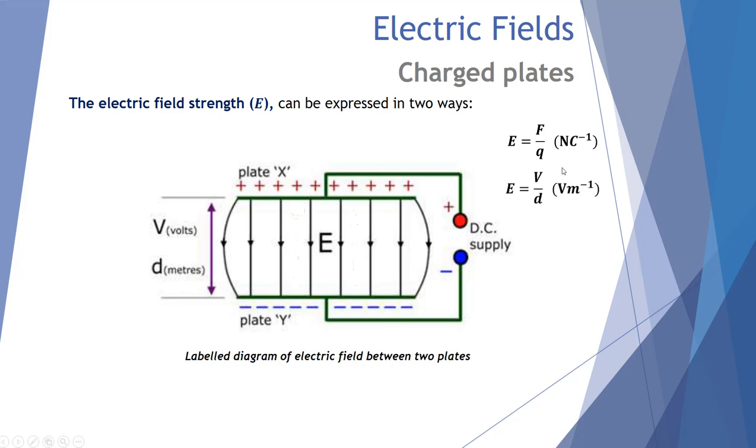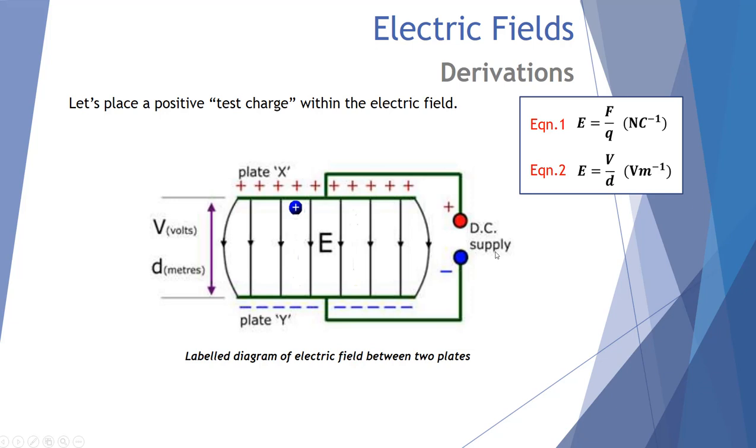The second alternative is to look at the potential difference that exists, the voltage from one plate to the other, from top to bottom, and then divide that by the distance of separation in meters. Another way to express an electric field between two plates is to describe it as the volts per meter. So there's our first two equations.